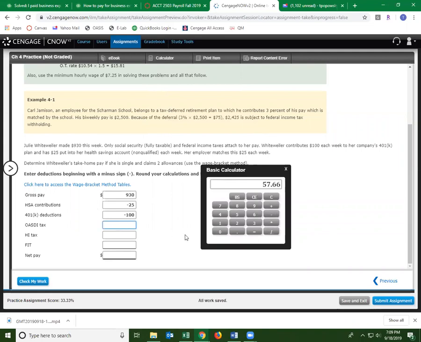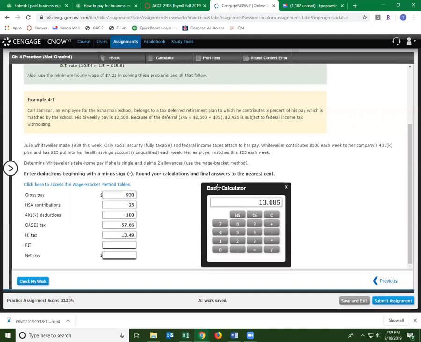So her Social Security OASDI is a minus 57.66. And then 930 times 1.45%, her HI tax is a negative 13.49, rounded.